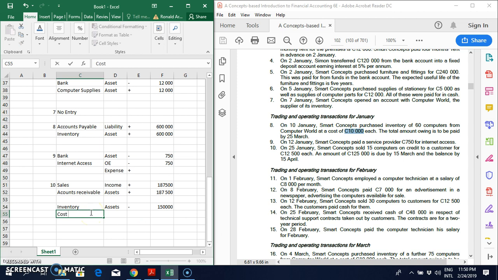And when we use up an asset, what does it become? An expense. And our expense here is cost of sales. Remember what I said above? If I say expenses, I increase expenses because the more expenses increase, the more owner's equity decreases. 150,000.